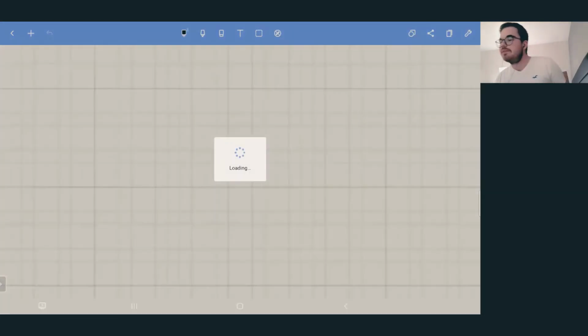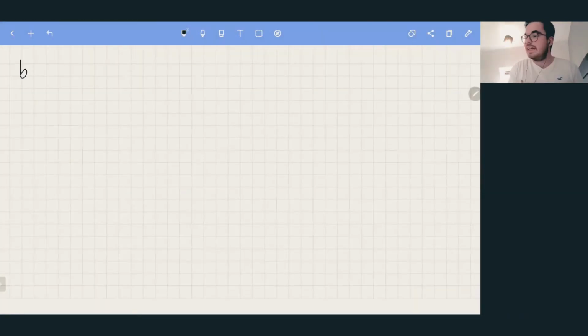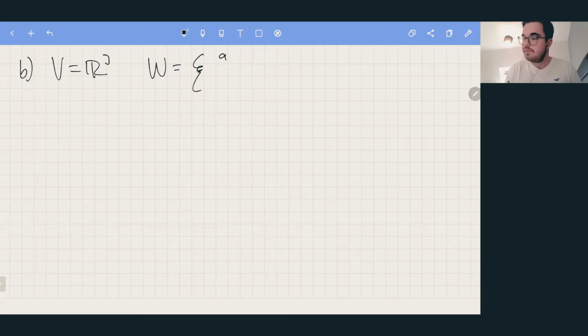Second example we'll do is we will again consider our R3 as our vector space. And we'll consider W to be all vectors of the form A, B, 1, where A and B are real numbers.